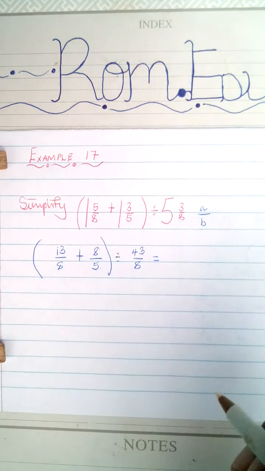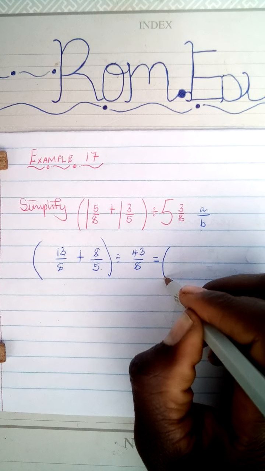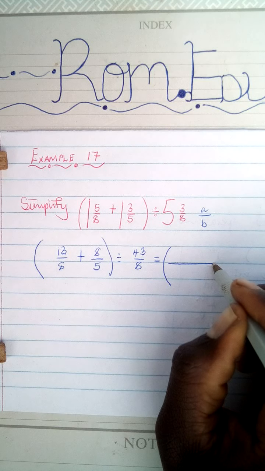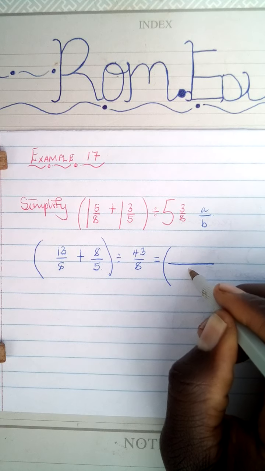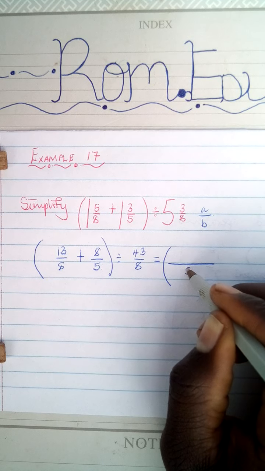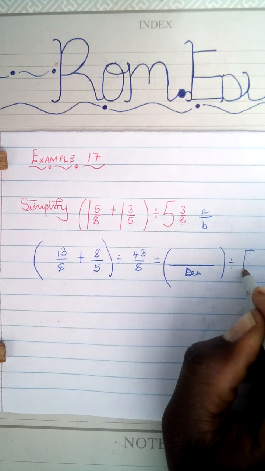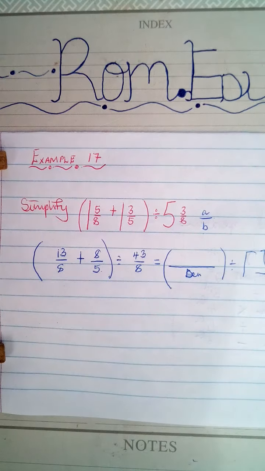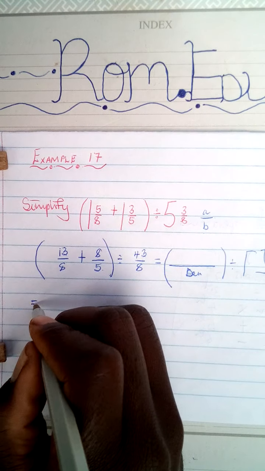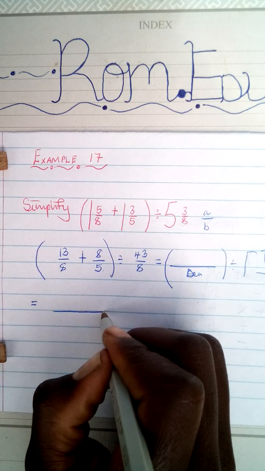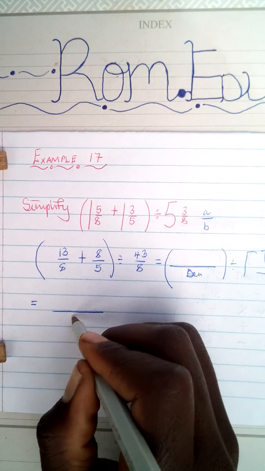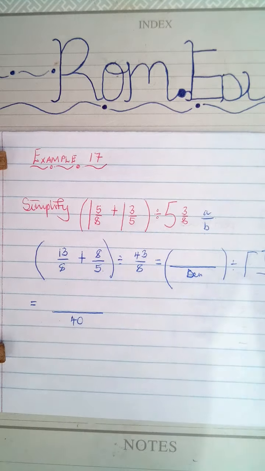So here I'm going to simplify that one. Remember, under addition we said you put the denominators under the common denominator, right? So we're going to find the common denominator there. Then whatever I get, I divide with 43 over 8, right? So here my common denominator is going to be 40, right?